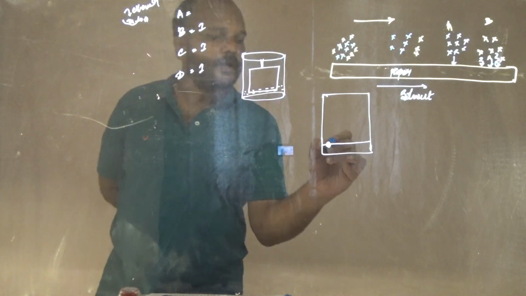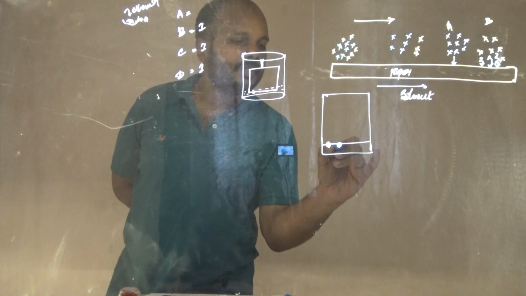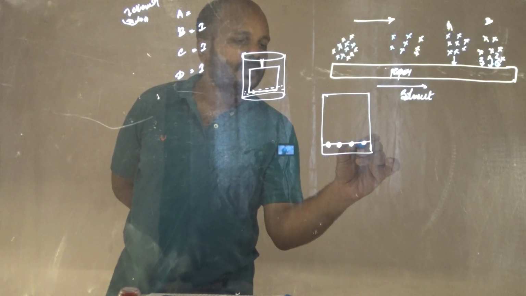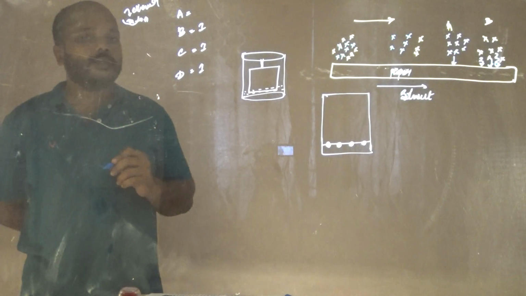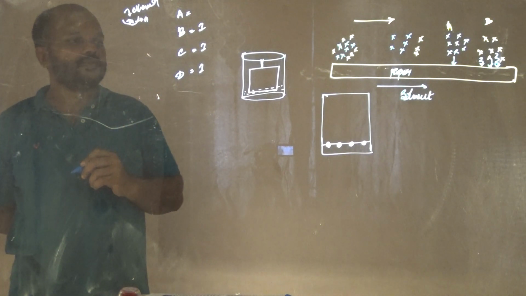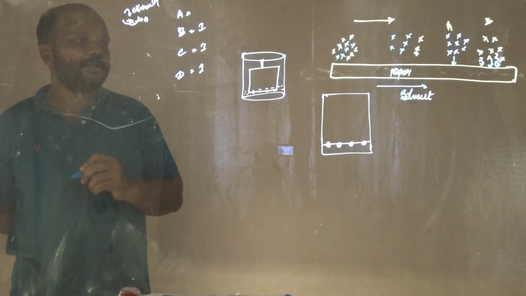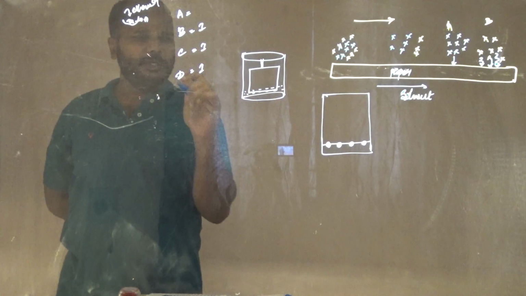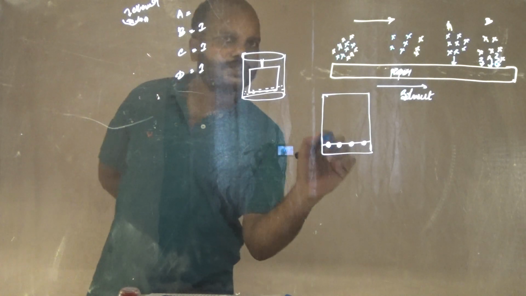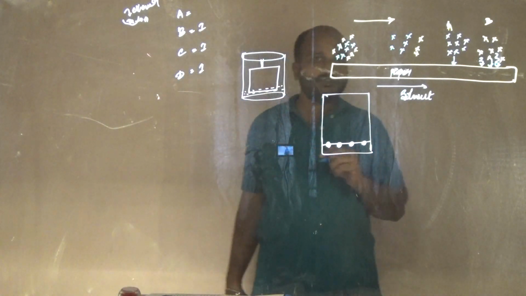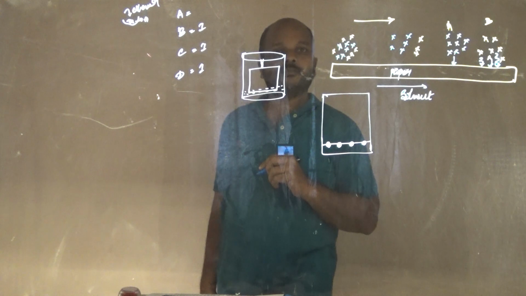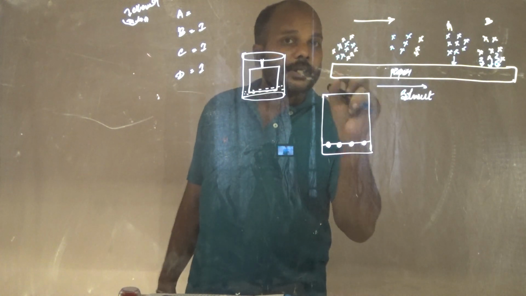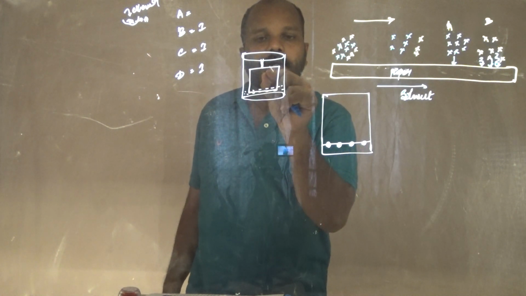Next, using the needle, you apply spots at B also, C also, D also. You apply one spot each of A, B, C and D. What remains is to take this paper and put it inside a beaker.